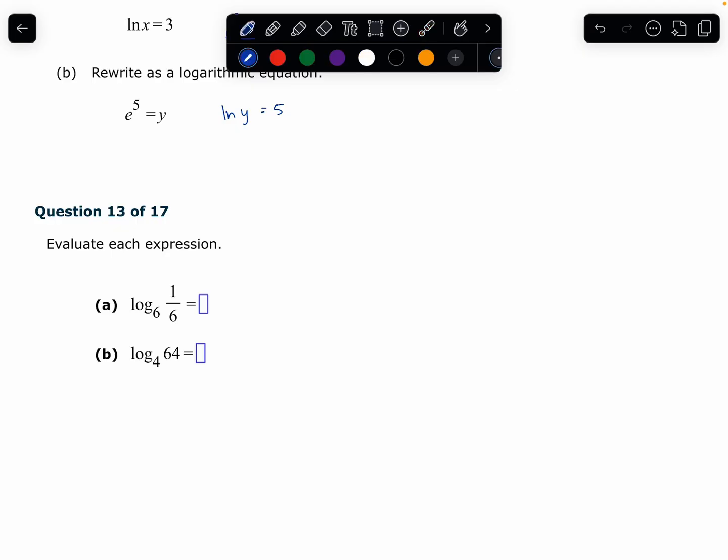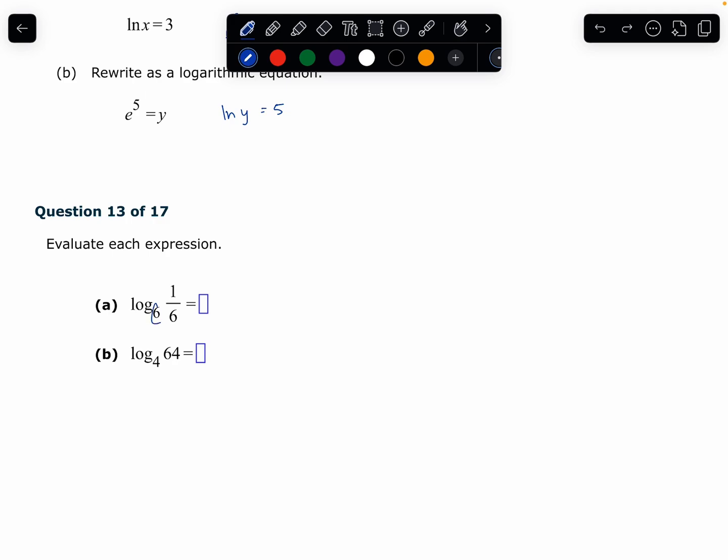So for example, you see log base 6 of 1 over 6 and you think, what does that equal? You think, I have no idea, right? Because I am in the same boat. I have no idea. But I'm much better viewing exponential equations. I'm way better with exponentials. So I'm going to write this expression as an exponential.